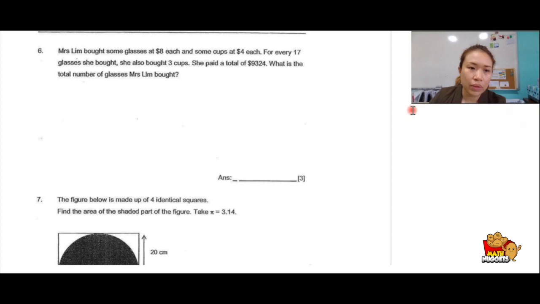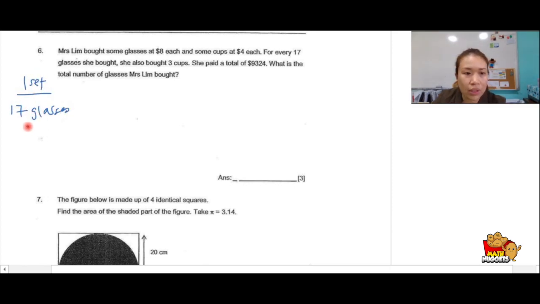Question 6, we need to look at it in terms of sets. For every 17 glasses that she bought, she also bought 3 cups. So inside one set, we have 17 glasses and 3 cups.